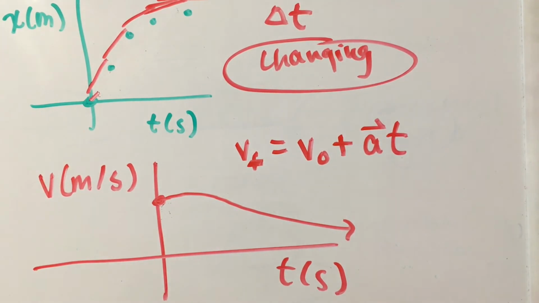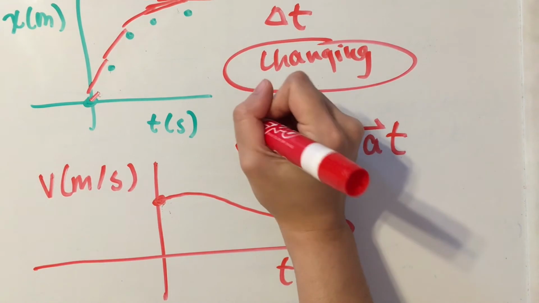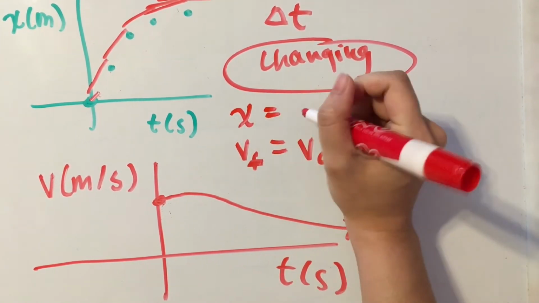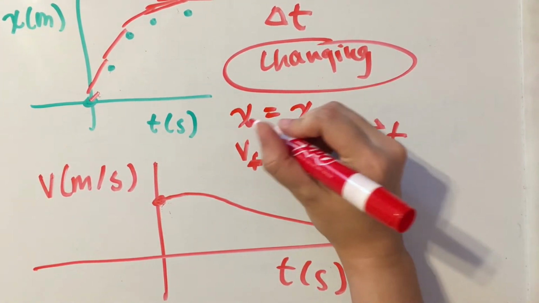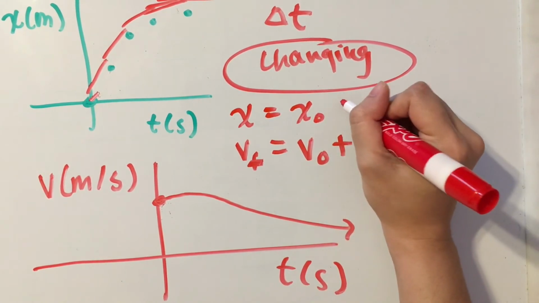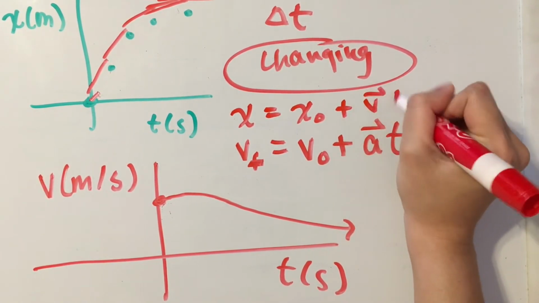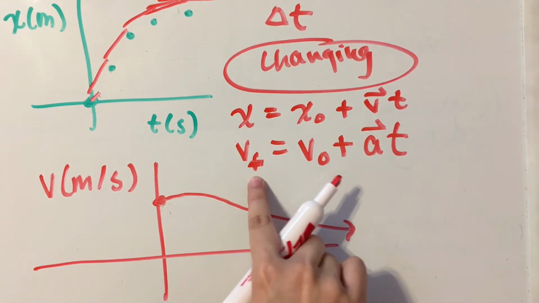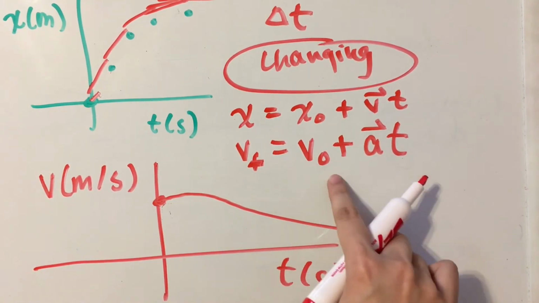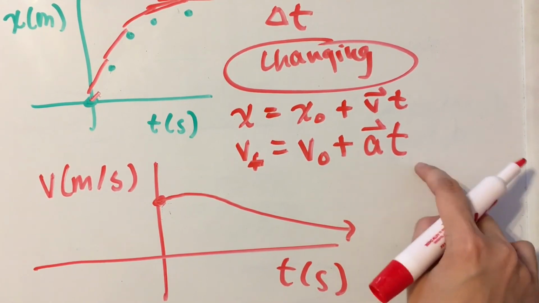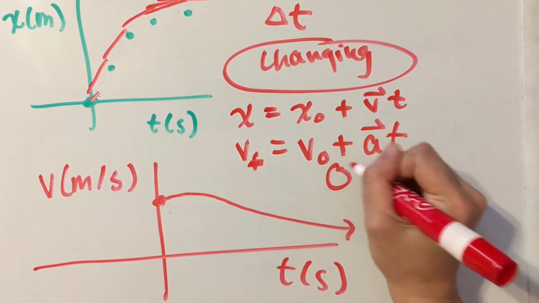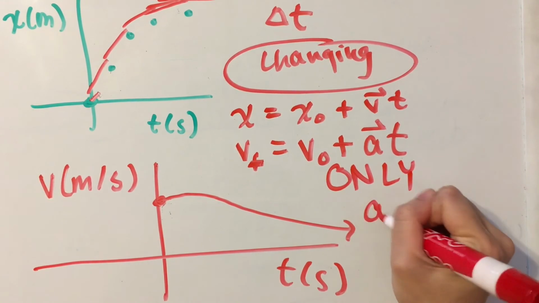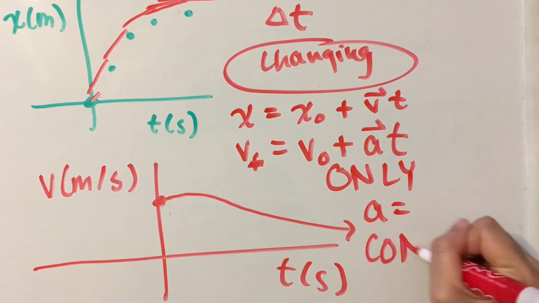So you'll notice that this looks very similar to the position equation that we had, which is position equals initial position plus vt. So this is basically saying that our final velocity is equal to initial velocity plus acceleration times time. But this is only when acceleration is constant.